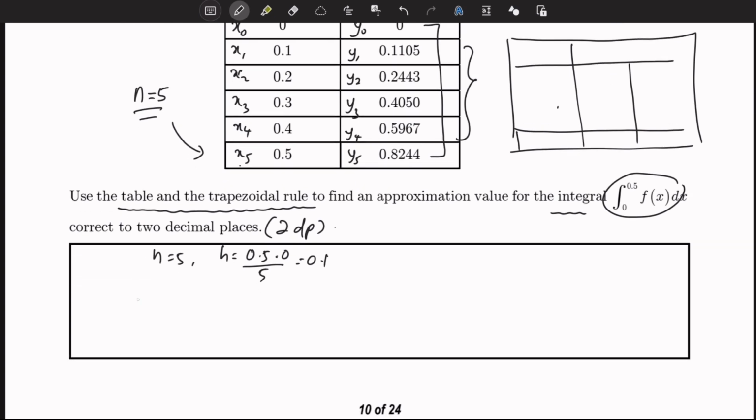So the integral from 0 to 0.5 of f(x), we are not given the f(x), so you just need to use the values given.